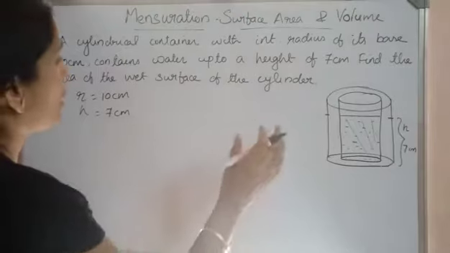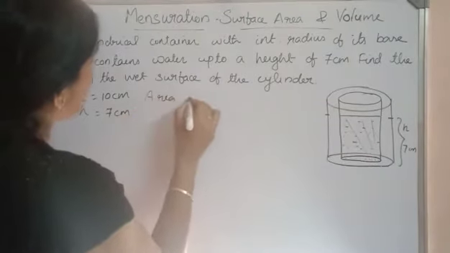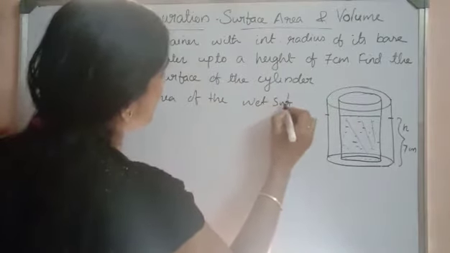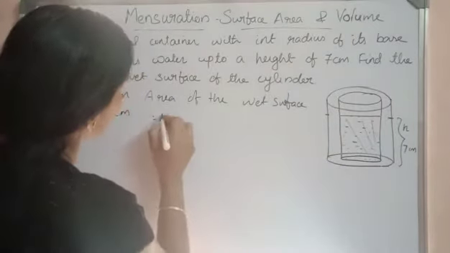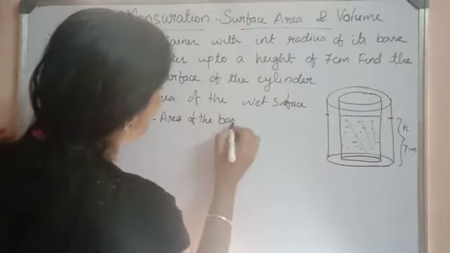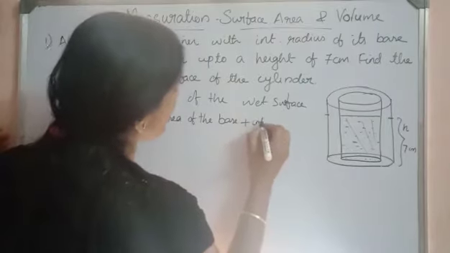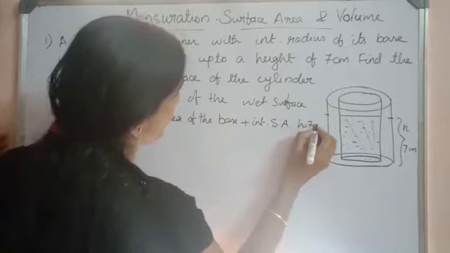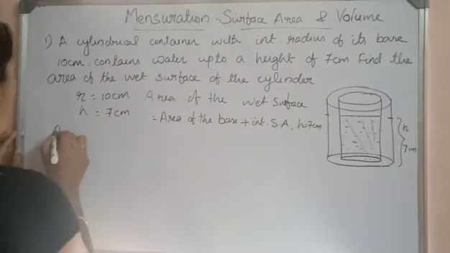And when we are finding the area of the wet surface, we have to find the area of one of the faces, area of the base, plus area of the internal curved surface area with height 7 centimeters. So let's start finding it.